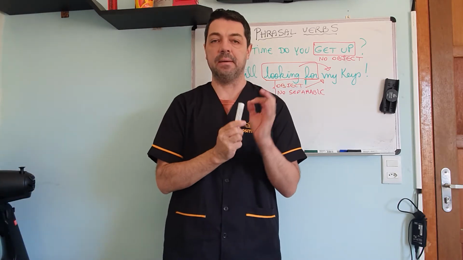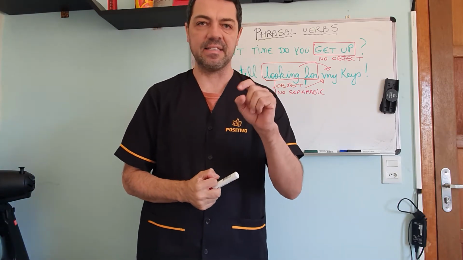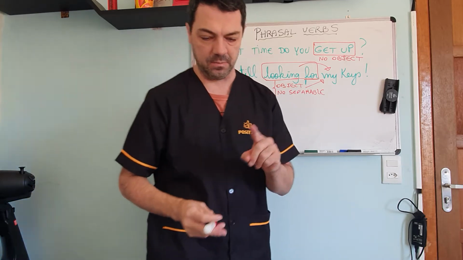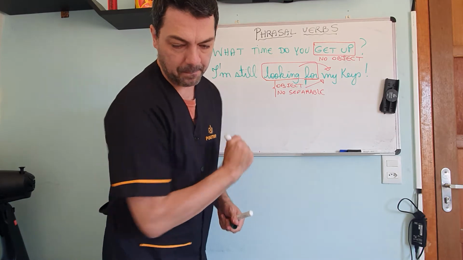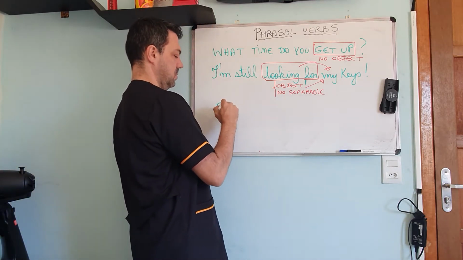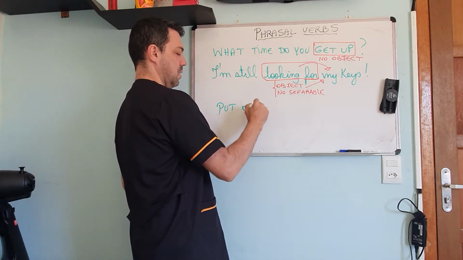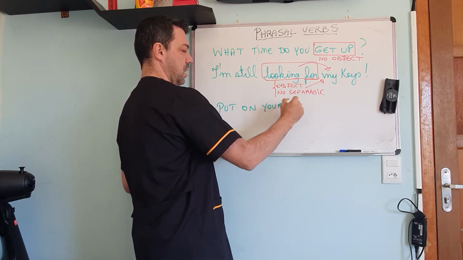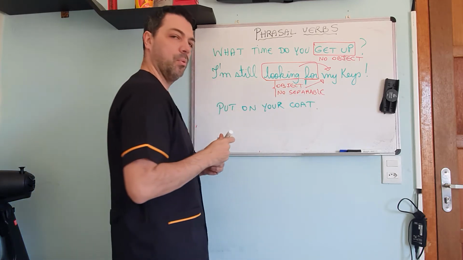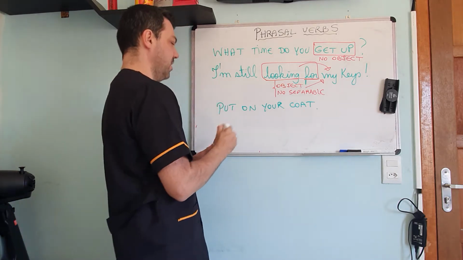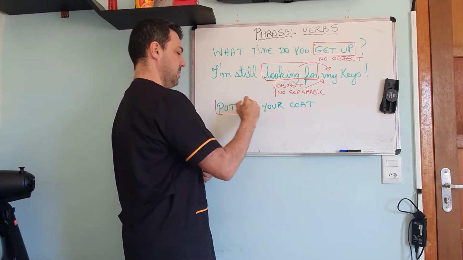And now the most important. Let's see the third kind of phrasal verbs. I have the example here: put on your coat. Okay, guys? Put on your coat. Where is the phrasal verb? The phrasal verb is here.